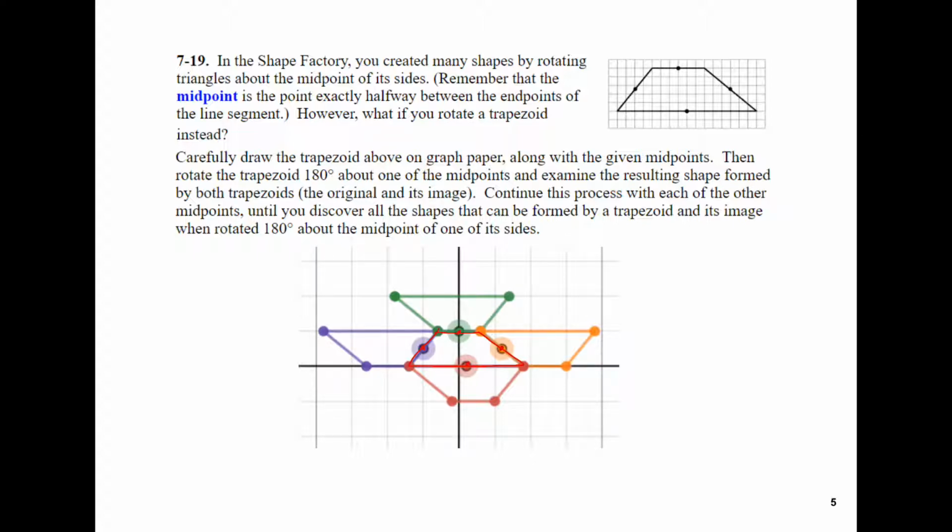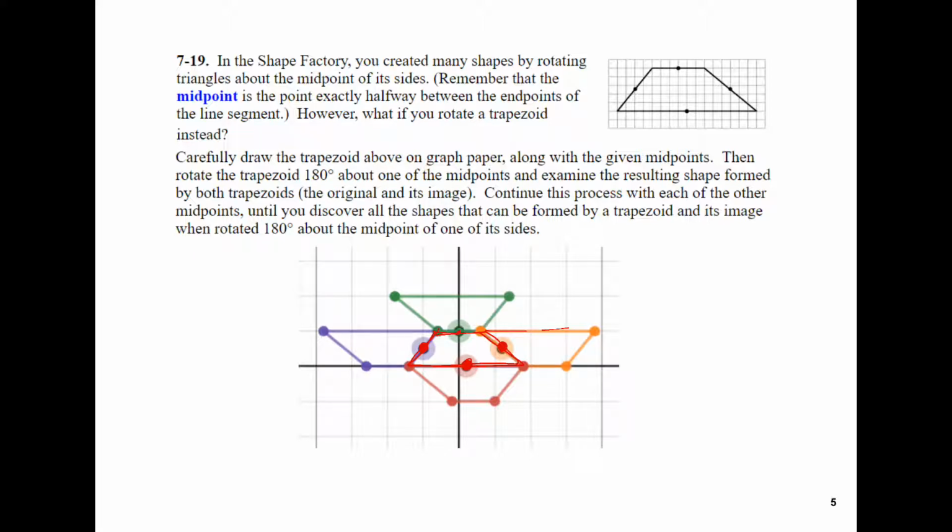about the midpoint. So you can see the green one rotated up. When I rotated about this midpoint, we formed our orange. When we rotated along this midpoint, we formed our purple trapezoid. When we rotated along this midpoint, we formed our red trapezoid.